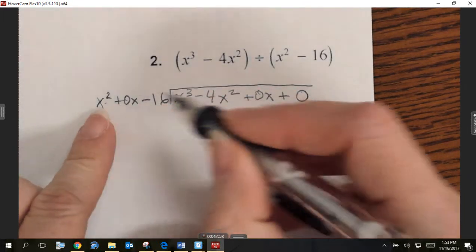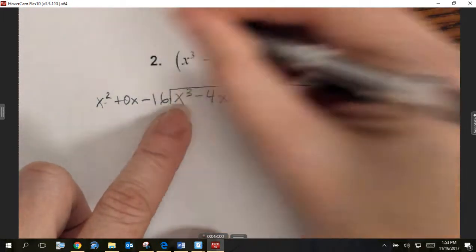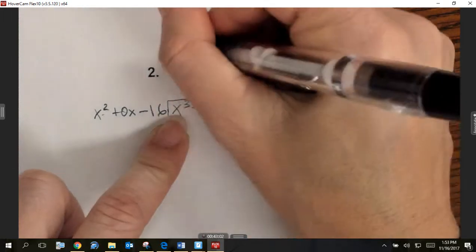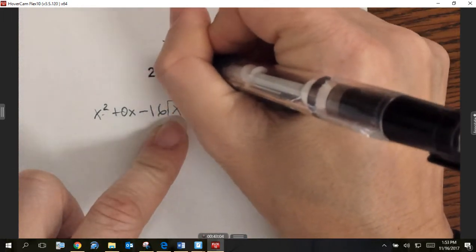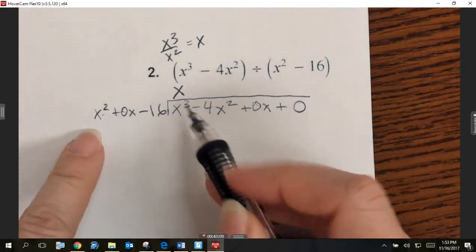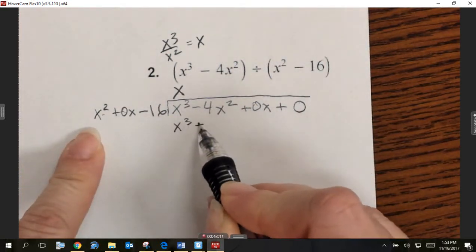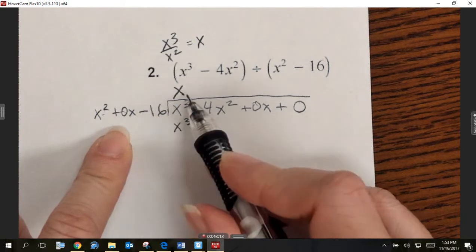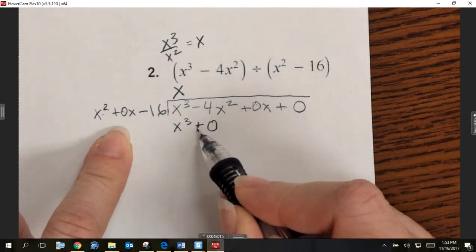So I'm going to divide. X squared goes into x to the third. Well, that's x. And then we multiply. So 0 times anything is still 0.